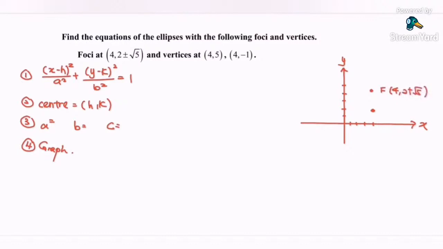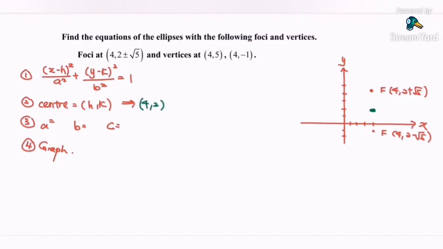Another one is around here, -1, -2. So the situation will be around this part, where we have another F, (4, 2 minus square root of 5). So meaning that the center is located in between the foci. So the center will be (4, 2).